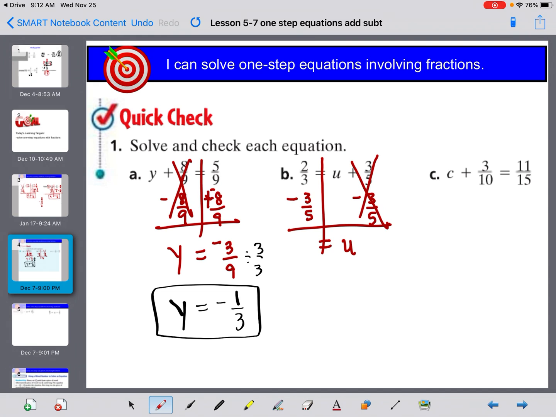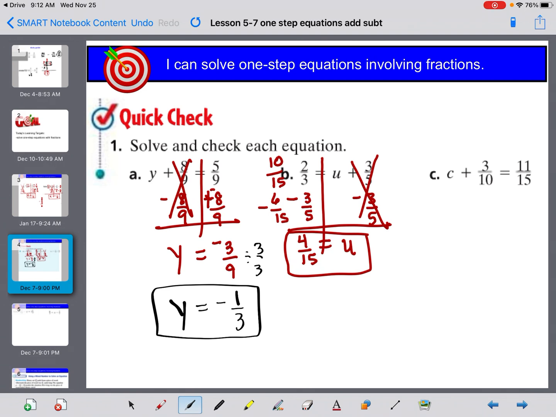I'm going to rewrite the fractions with a common denominator of 15. 5 times 2 is 10, and 2 times 3 is 6. So 10/15 minus 6/15 is 4/15. That is a simplified fraction, so that is my answer.